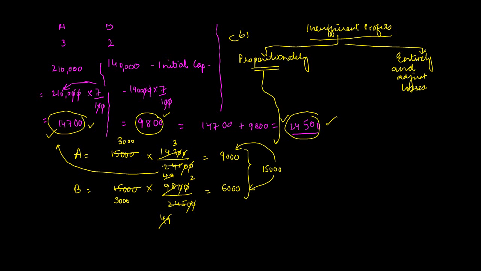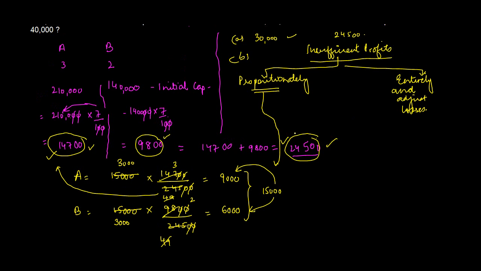The other method, which is entirely, is that you distribute 24,500 between these two in the desired ratio, but because of this 24,500, what will happen? Your profits were how much? 15,000. The interest which you paid is 24,500, so you will get a loss, which is 9,500.